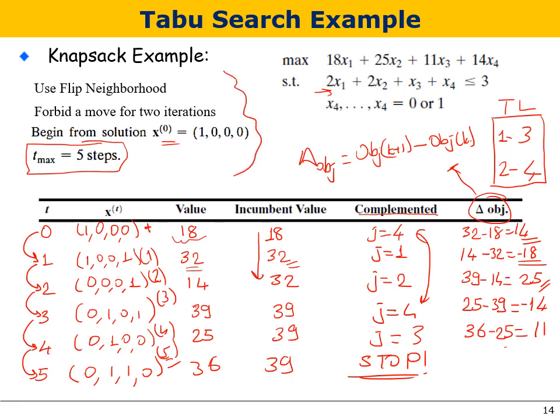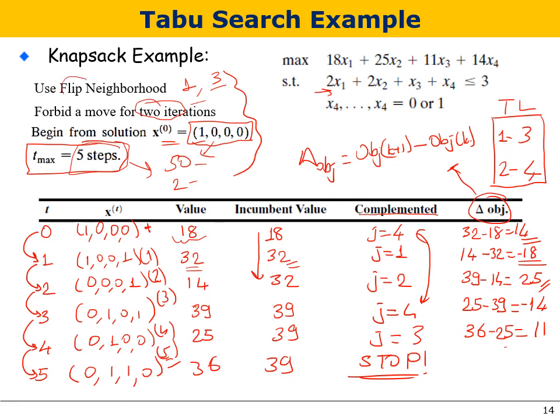Now, if you change this length of the Tabu list from 2 to 1 or to 3, you may come up with a different solution. If you start from a different solution instead of this one, you may end up with a different solution. If instead of using 5 steps as the stopping criteria, you use 50 steps or 2 steps, you may come up with a different solution.